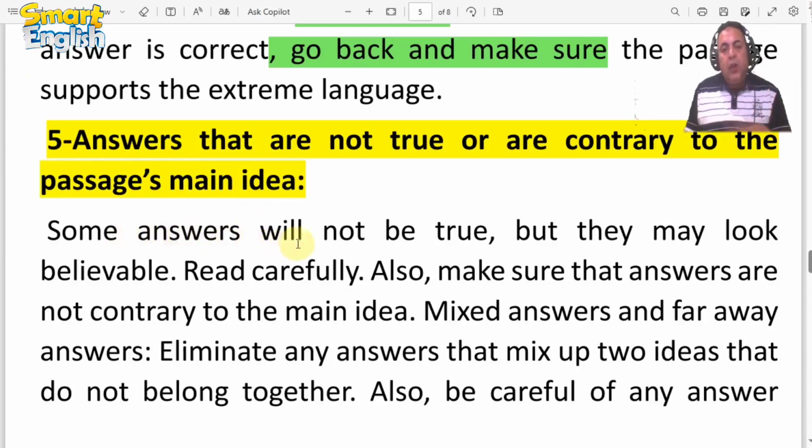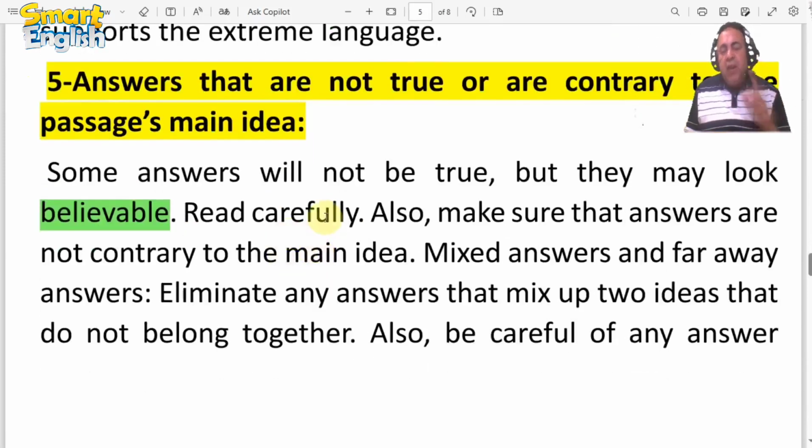Some answers will not be true, but they may look believable, maybe acceptable, to some of you. The first step is to read the answer carefully. Also make sure that answers are not contrary to the main idea. You have to be cautious on this point.